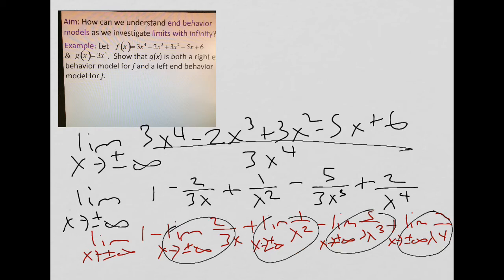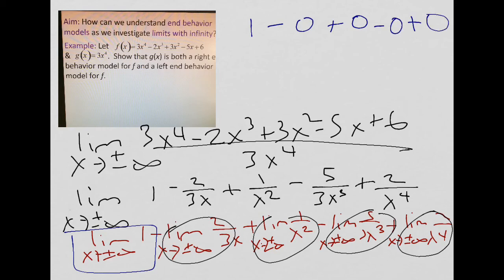So basically, we just have to worry about this limit. The limit of 1 as x approaches positive or negative infinity is 1. So we end up getting an answer of 1.